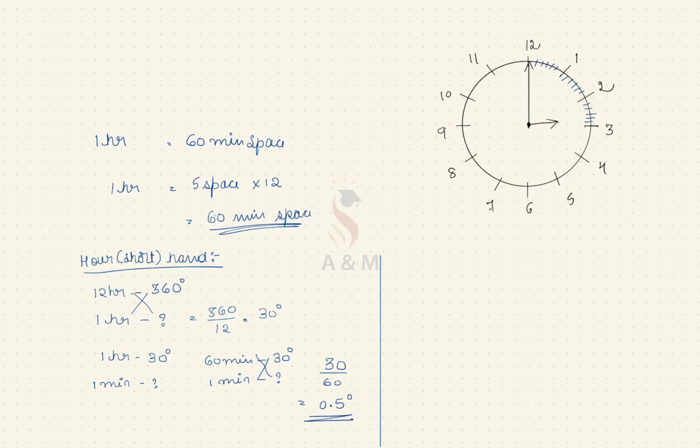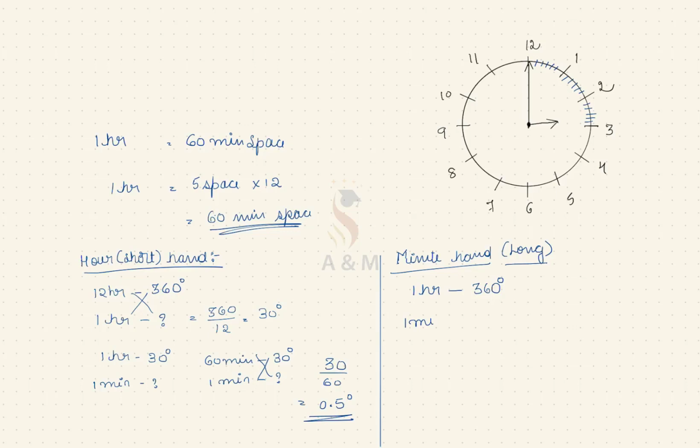Now we will talk about the minute hand or the long hand. Your minute hand takes 1 hour to rotate one circle, that is 1 hour, 360 degree.